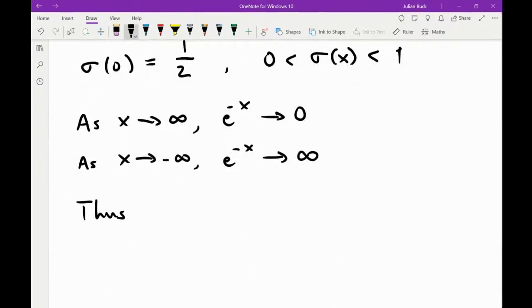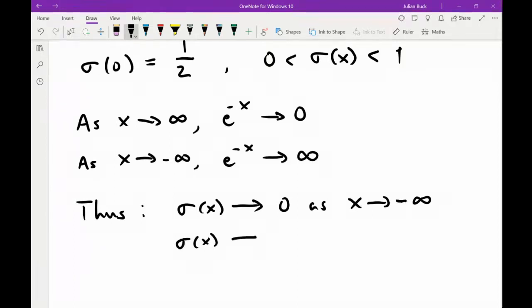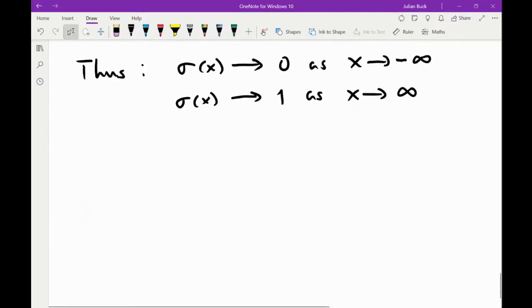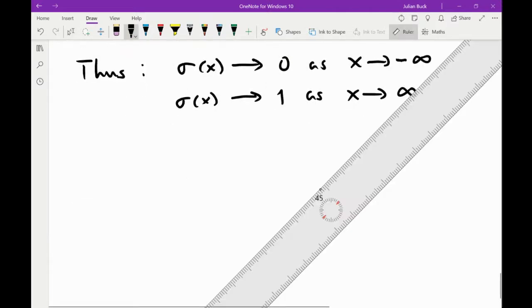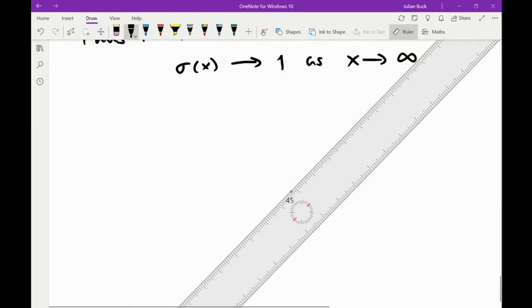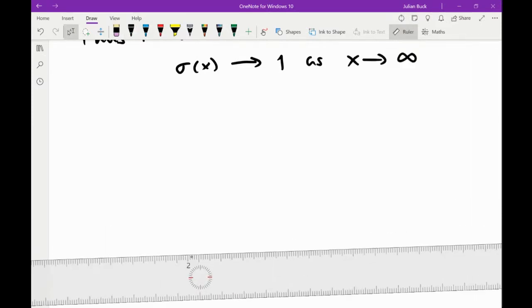So thus, sigma of x approaches 0 as x approaches negative infinity, and sigma of x approaches 1 as x approaches positive infinity. Okay, so now these observations are helpful for understanding why the graph of this function looks as it does, which we're about to draw here.